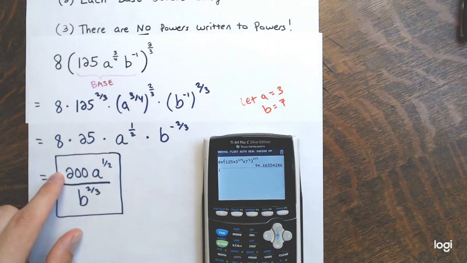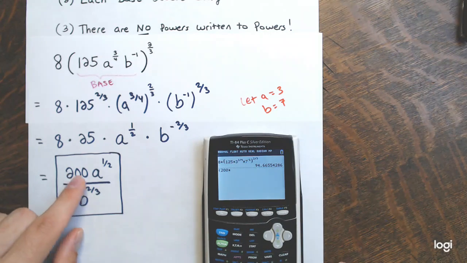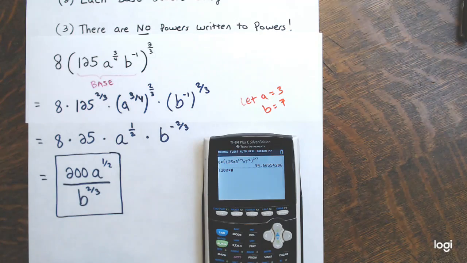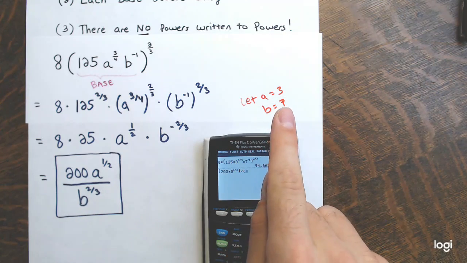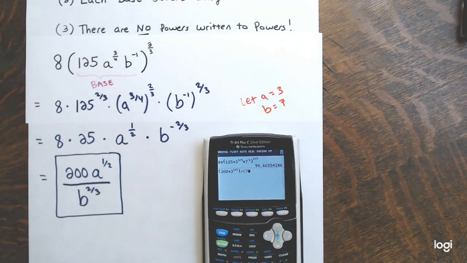In parentheses, 200 times, and then a to the half. I said let a be 3, so 3 to the half. Right, so that's the numerator. And then divided by, and then the denominator. I'll put in parentheses. This whole thing's a denominator. It's just one factor though. b to the 2/3. So 7. I said b was, right, 7 to the 2/3.